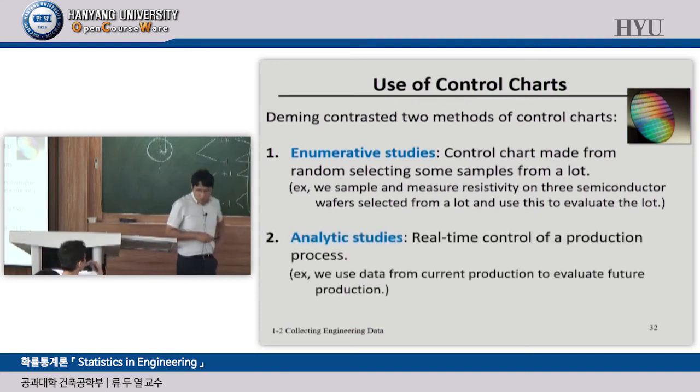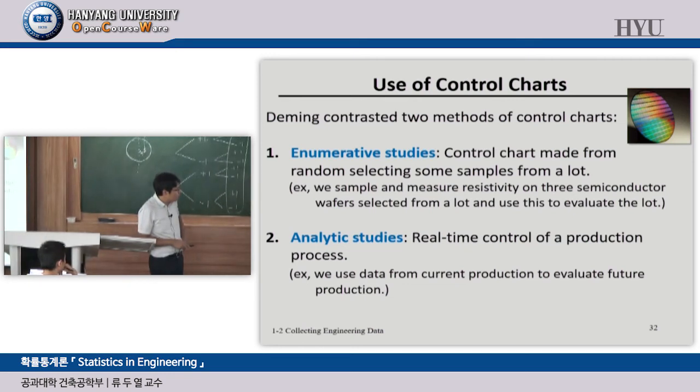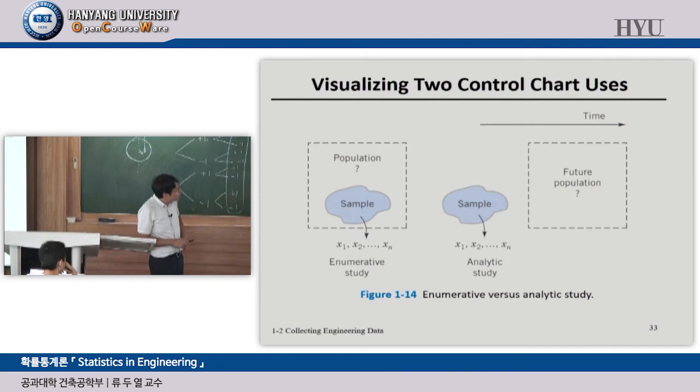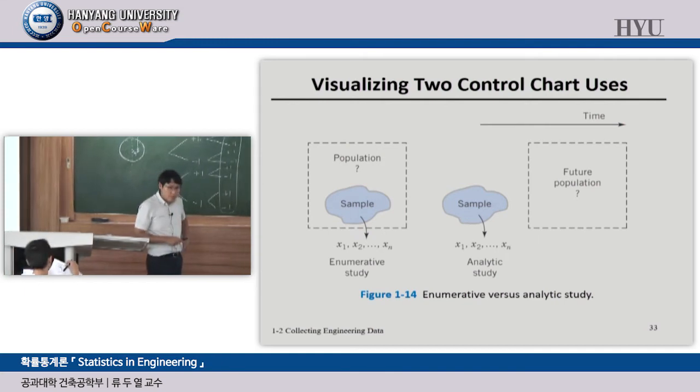There is also another method called analytical studies, in which we can have real-time control over the production process. For example, we can use data from current production to evaluate the future production. I will explain these 2 different methods by using these figures.